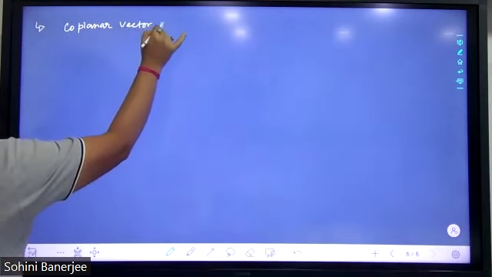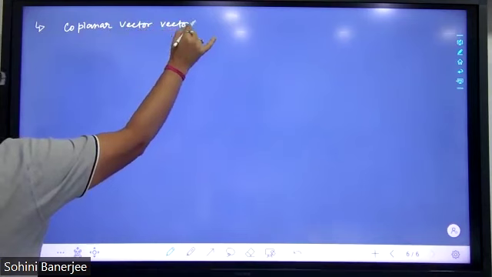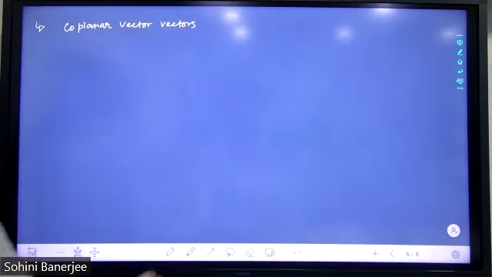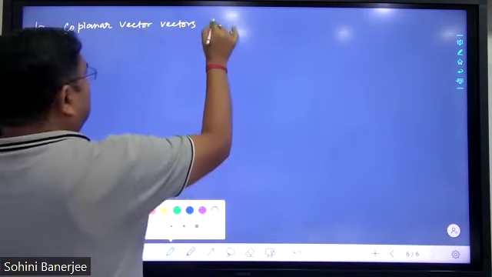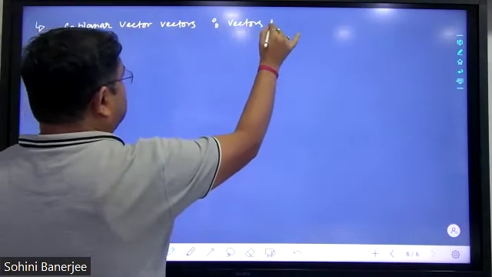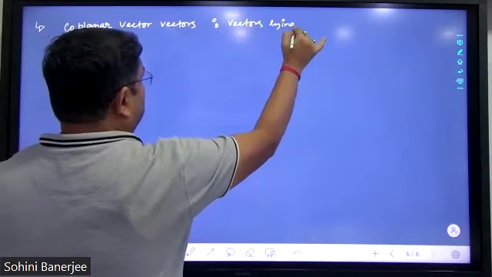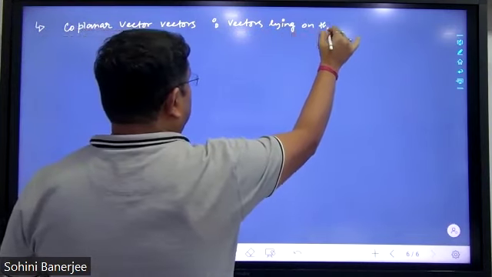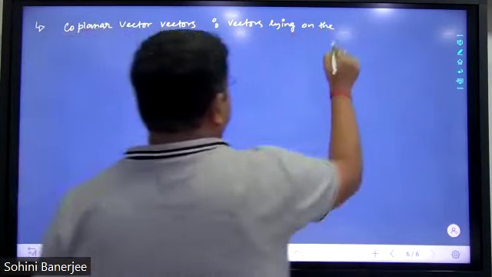Co-planar vectors. Vectors lying on the same plane.